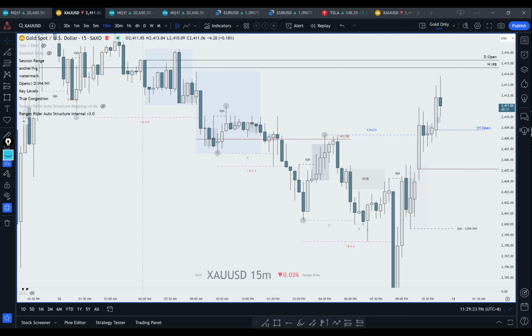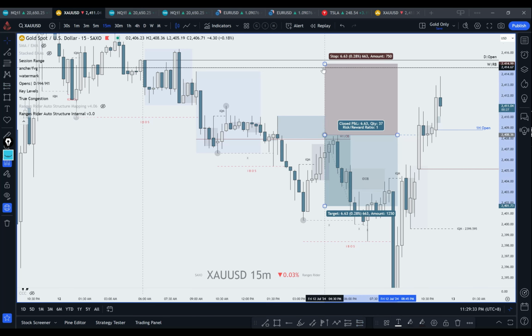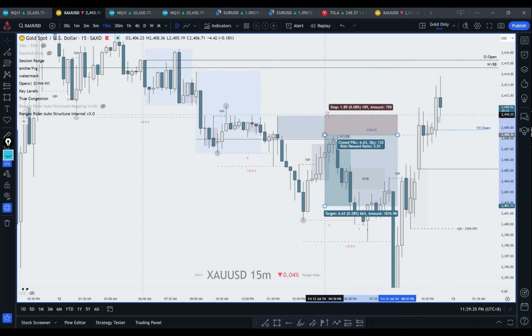So in this case we will just mark this order block, and we can sell here, stop loss just above this one, and this will be our minimum target.